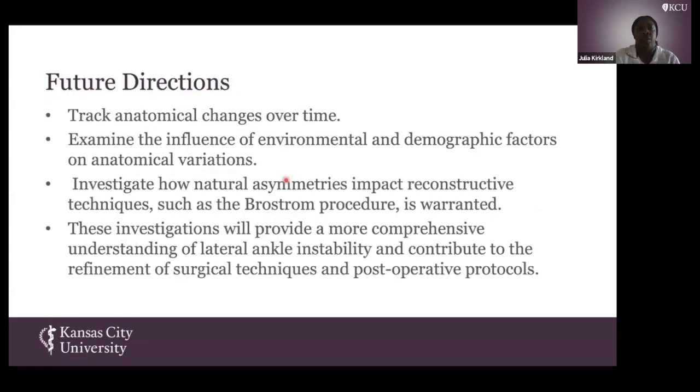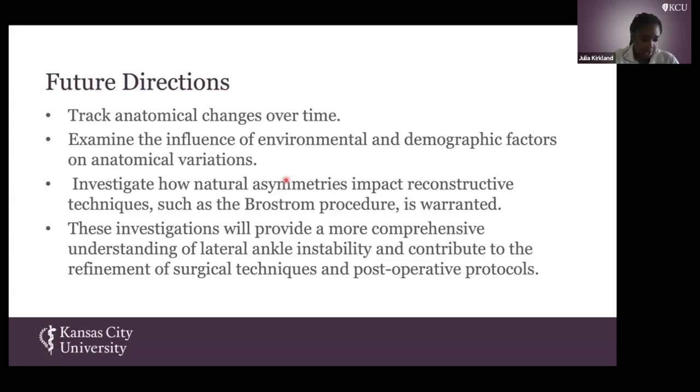And so, some future directions for this research. Further research should be aimed at tracking anatomical changes over time through longitudinal studies, assessing the correlation between asymmetries and clinical outcomes to refine patient selection criteria, and examining the influence of environmental and demographic factors on anatomical variations.